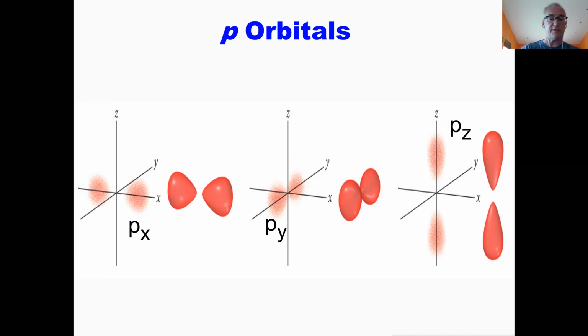But this is what I want you to see, that they're at 90-degree angles from each other. Now, this is something that when we talk about molecular shapes, will be really, really important. Remember, electrons repel each other. They don't want to be close to each other. So if we have 3 different pairs of electrons traveling together, what's the furthest away from each other they can get? Well, 90-degree angles.